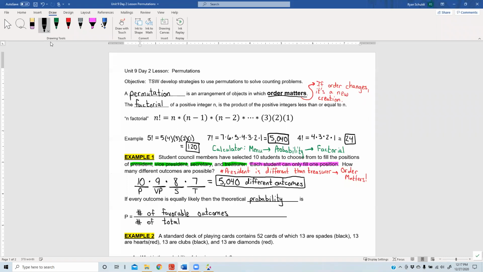So how many could happen? How many we want over how many could happen. Another way you could look at this is the part over the whole.